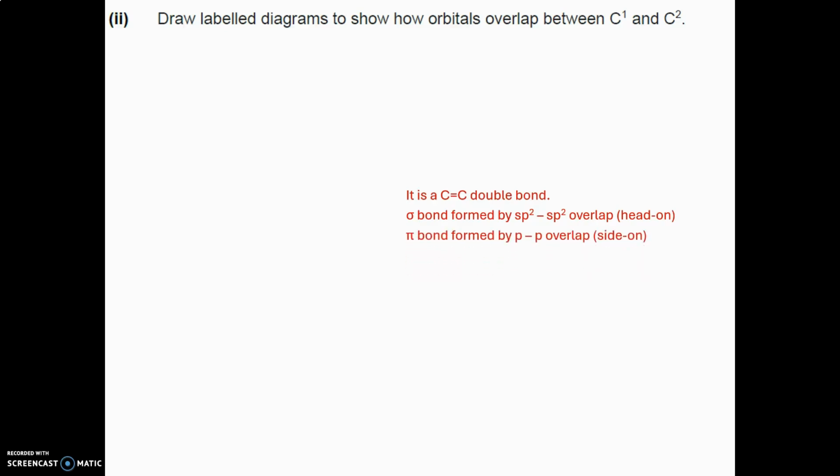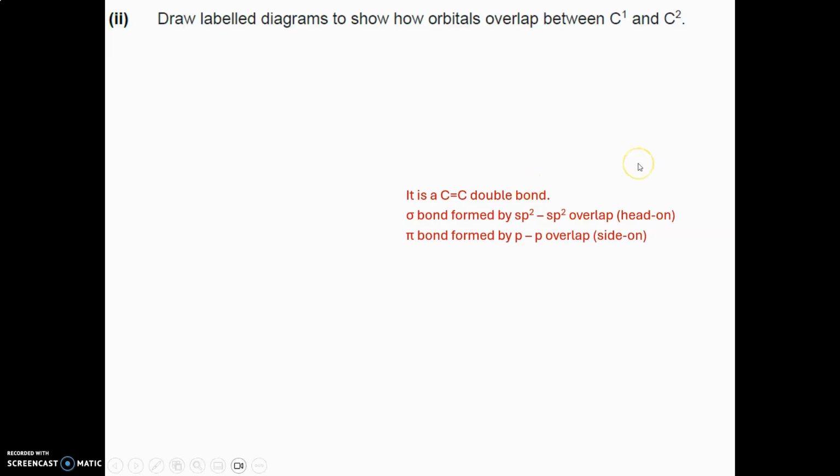Next, to draw labeled diagrams to show how orbitals overlap between C1 and C2. First thing, between C1 and C2 is a C=C double bond, which means that there are actually 2 types of bonds. There is a sigma bond formed by sp2, sp2 overlap from both carbon atoms, and then the unhybridized p orbitals from each carbon atom are going to overlap to form a pi bond.